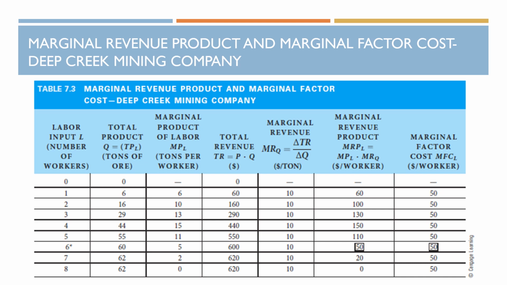You want to find the point where MRP equals MFC, which is at the 6th worker. So when the firm is going to maximize profits in this operation, it's when the firm hires just 6 people, not 7, not 5. Exactly 6. That's the point where the firm will see the optimized profits from these operations.